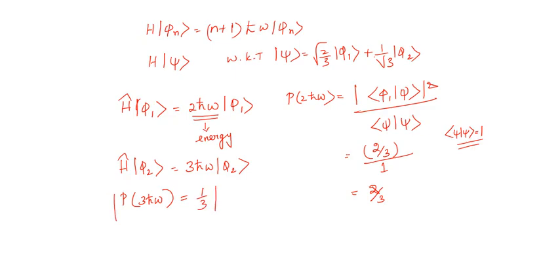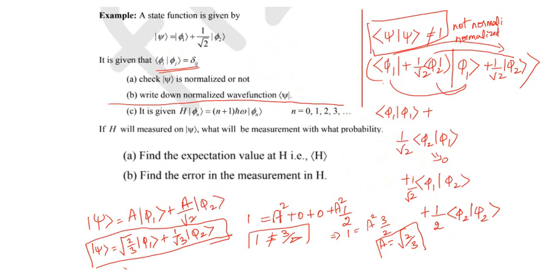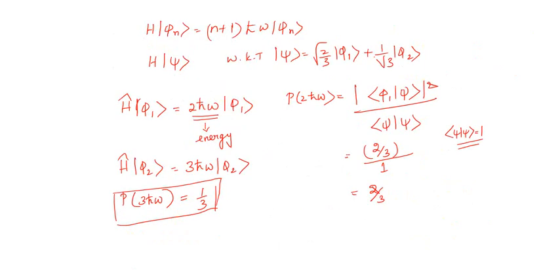So this is the answer: what will be the measurement and with what probability. You are having the measurement 2 h cross omega with probability 2 by 3. You are having the measurement 3 h cross omega with probability 1 by 3.